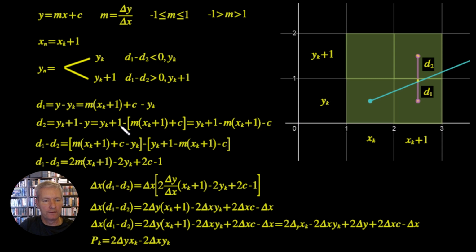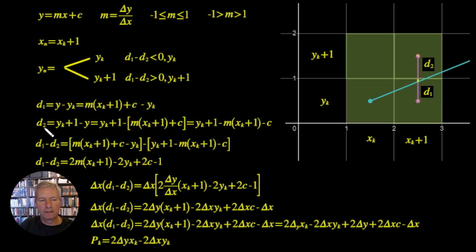We can rewrite this again as yk plus 1, and our value of y again is going to be our m xk plus 1 plus c. Now we can multiply out the brackets, and we'll get yk plus 1 minus m xk plus 1 minus c. So those are our two lengths, d1 and d2.